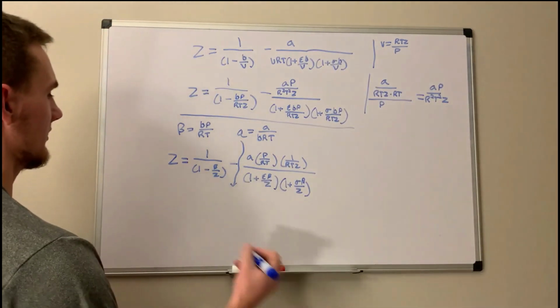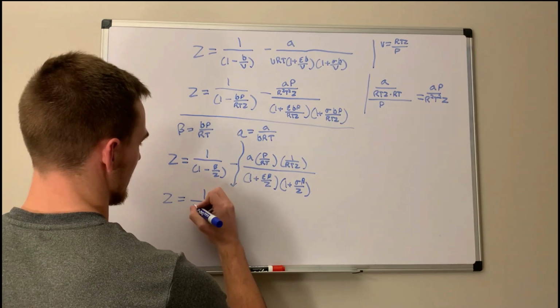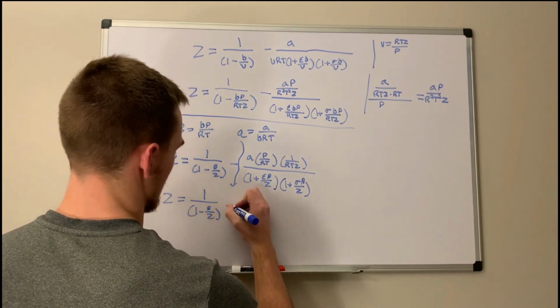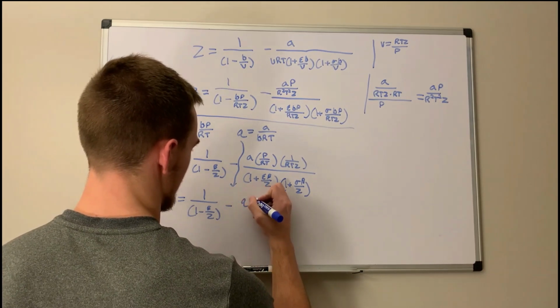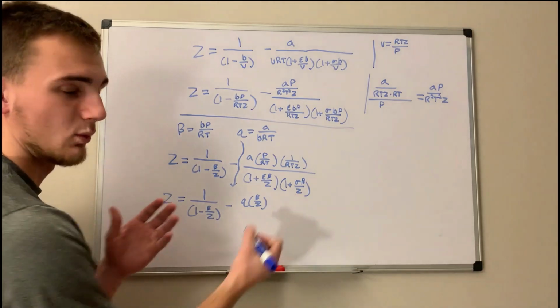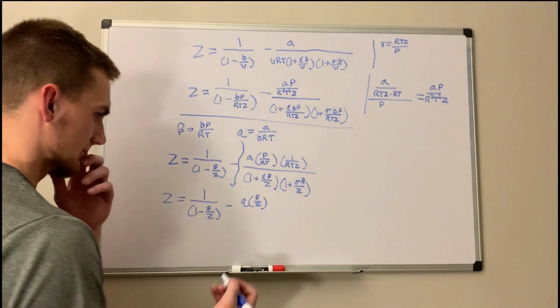So adding that in, that will give us Z. Again, keeping the same here, we'll have 1 over 1 minus beta over Z minus Q times beta over Z. Remember, because we still had that 1 over Z, so we have to bring that into the denominator here.